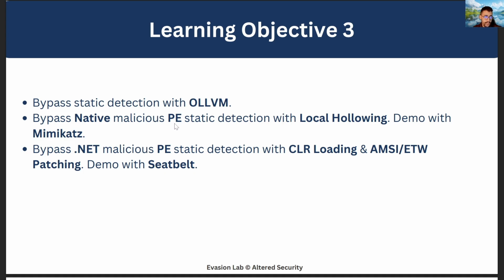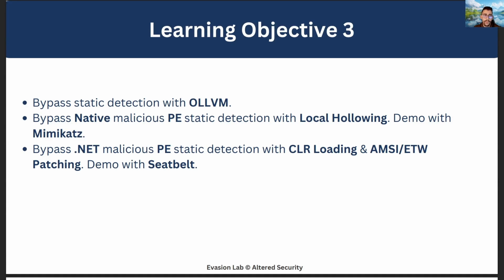Bypass the native malicious PE static detection with the local hollowing projects, and we will demonstrate the loading of Mimikatz. After that, we will bypass .NET malicious PE static detection with CLR loading and bypass of AMSI and ETW by patching their memory. The demonstration will be with Seatbelt.